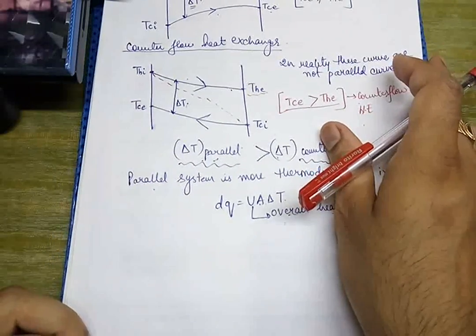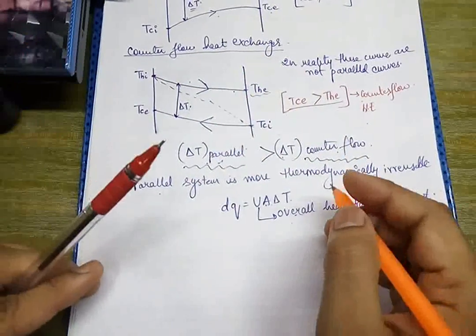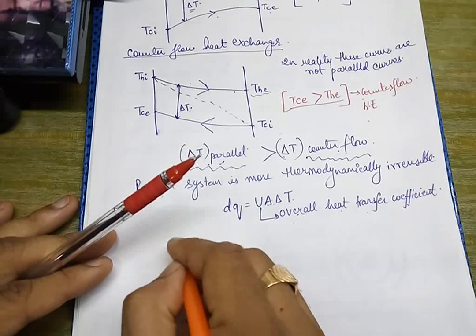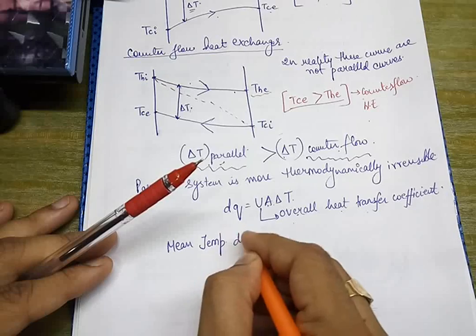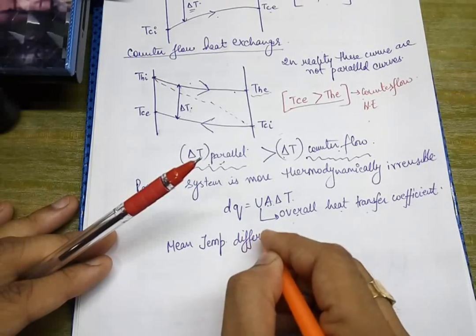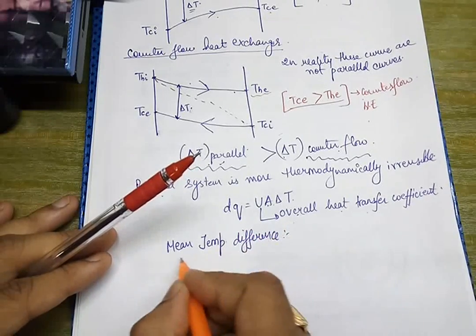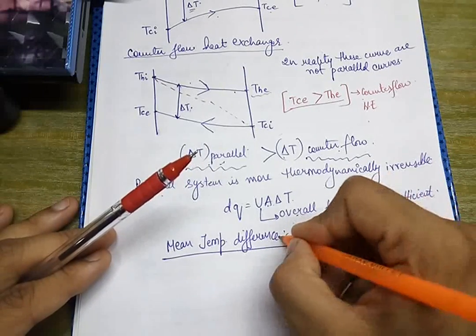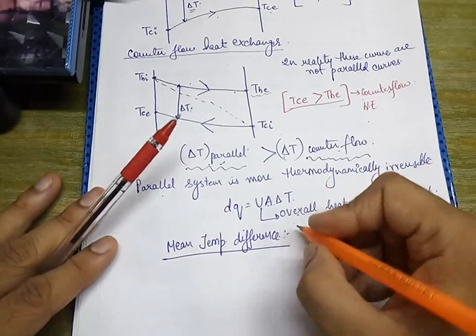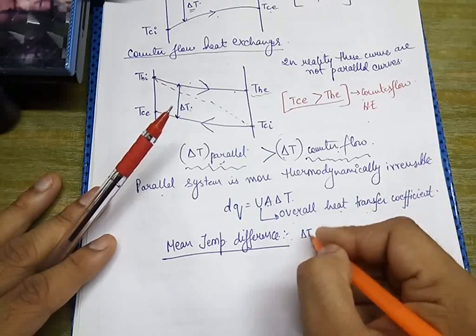Now we will introduce a new term, that is mean temperature difference. Okay, now it is a parameter which takes into account the variation of delta T with respect to x.